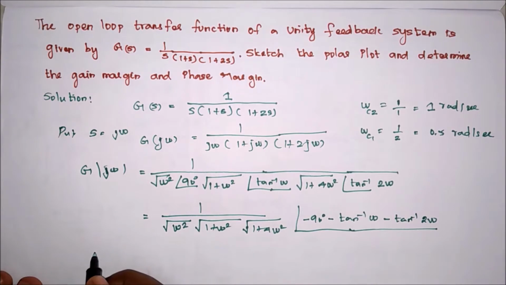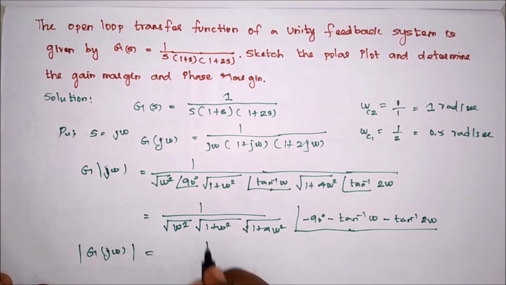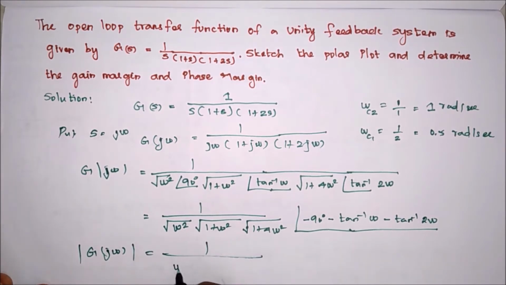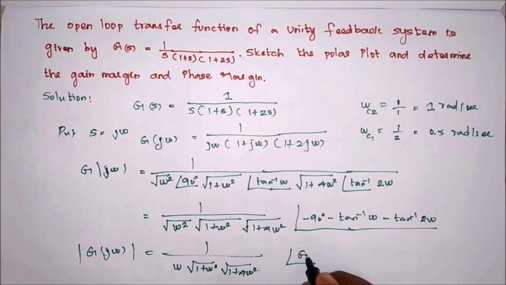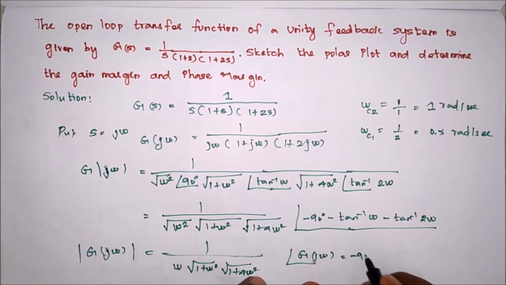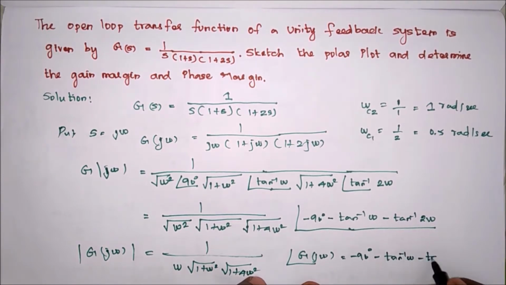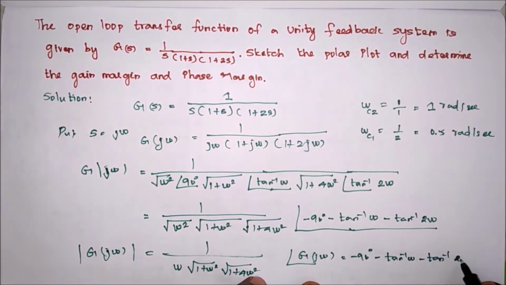So we can write the magnitude of G(jω) equals 1 divided by ω into the square root of 1+ω² into the square root of 4+ω².